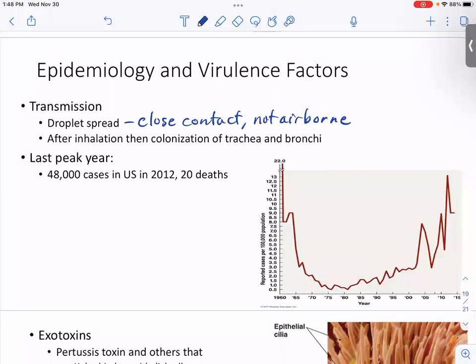Remember, Mycobacterium tuberculosis, TB, was our airborne infection. After somebody inhales it, then it colonizes the trachea and the bronchi. This tends to go in kind of peaks and valleys. Our last really high year, in 2012, we had 48,000 cases in the US.